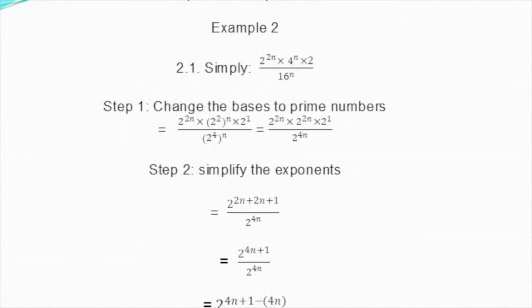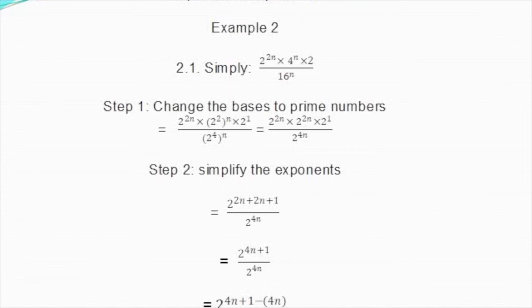So after we have been able to change the bases to prime numbers, now let's write. We are going to have 2 to the power 2n times (2 to the power 2) in parentheses exponent n times 2 to the power 1. That is for the numerator.